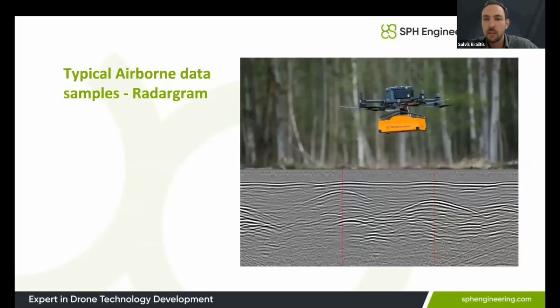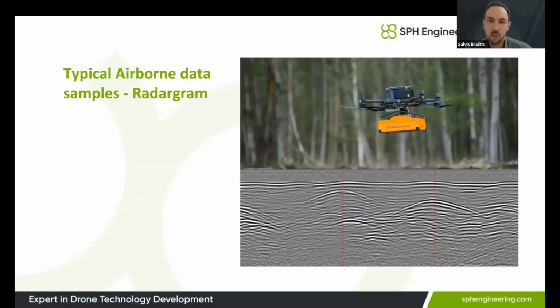Here is a typical example of what the processed data would look like. So the drone is flying, collecting these subsurface images, and then what you're seeing here, the parabolic reflections, is basically where the pipes are located.